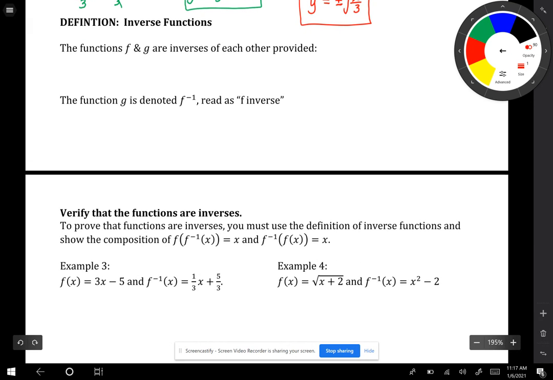What about inverse functions? Okay, so this is where 6.3 will come into play. The functions f and g are inverses of each other, provided their compositions are equal to x.